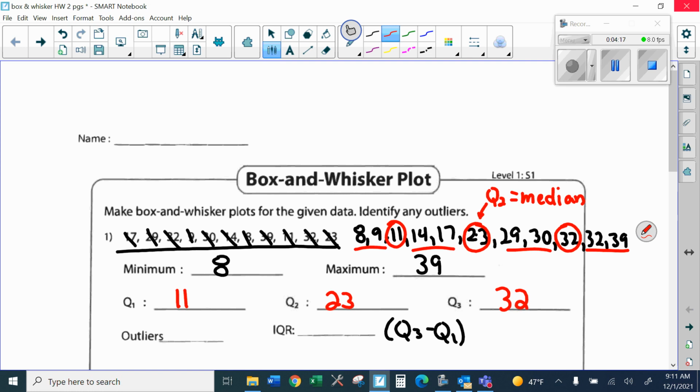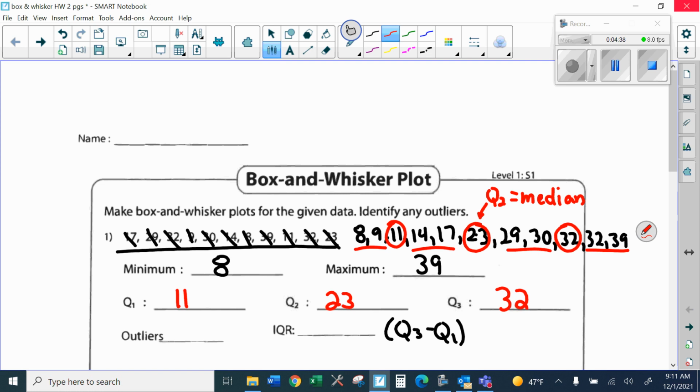If it asks what percent of the numbers are below 32, you'd also have 75%. If it asks what percent of the numbers are 32 or higher, it'd be 25%. It's not asking that in this case, but you will get to that.